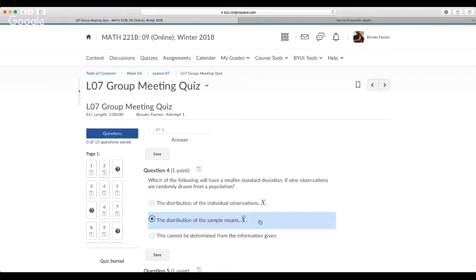So do we get what the sample mean and sample standard deviation are telling us? Yeah, I think so. The sample mean is always going to be the same as the population mean. That's one of the rules. The standard deviation of the sample means, though, is the standard deviation of the population divided by the square root of n, the number of samples.